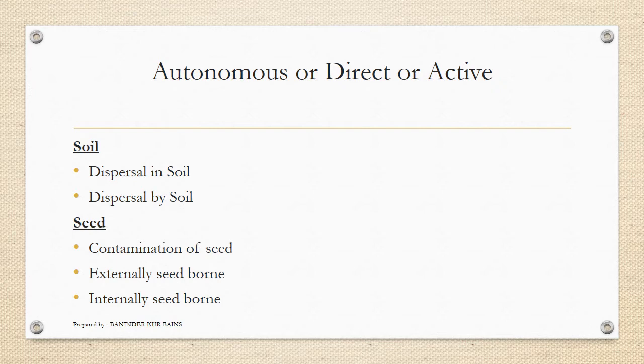The next one is seed. Most of the fungal diseases are seed borne. There are three steps when these are transmitted by seed. The first one is contamination of the seed, second externally seed borne, and then internally seed borne.